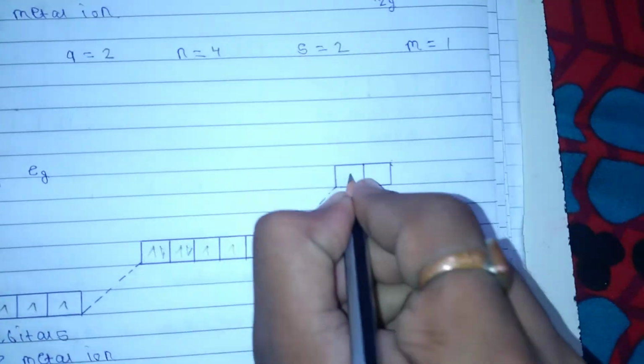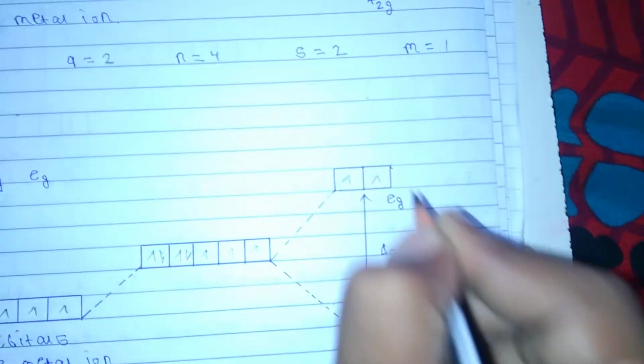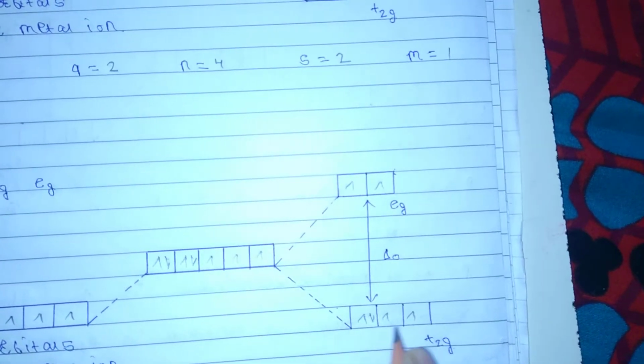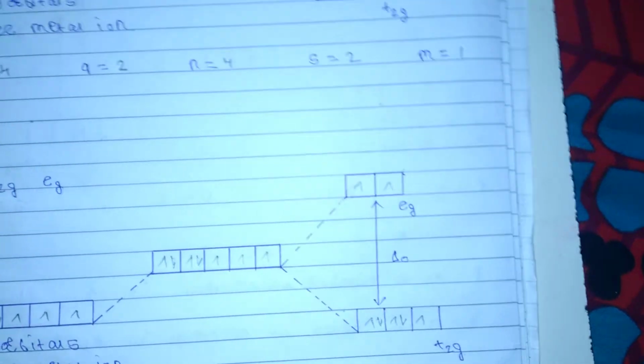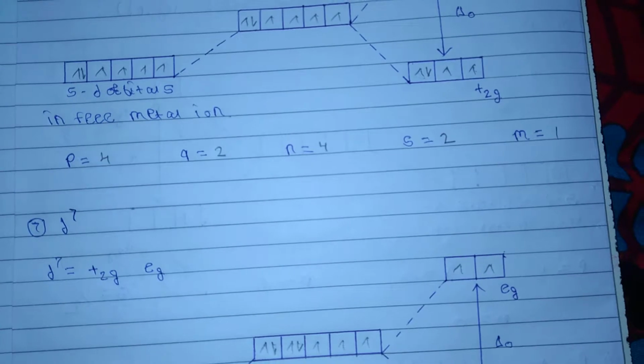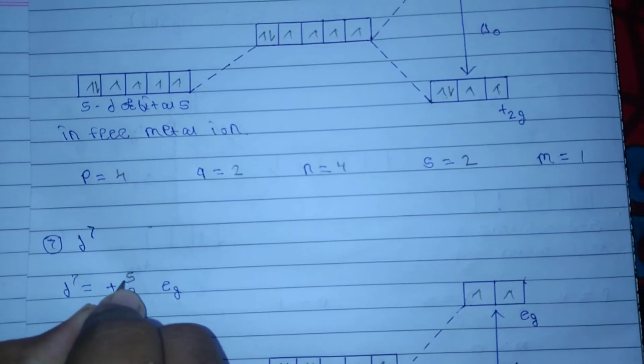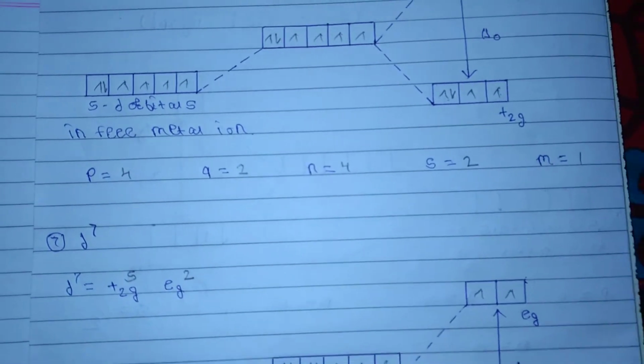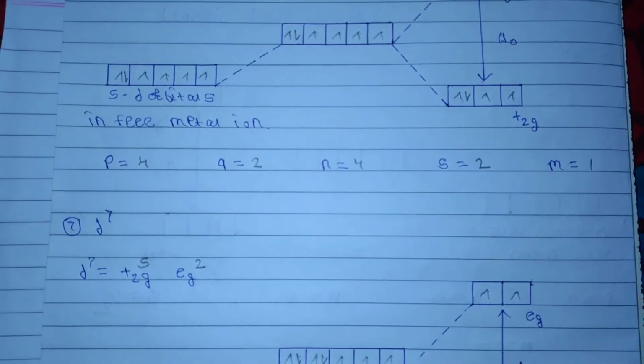Then the 4th and 5th go in the EG set, and the 6th and 7th go in the T2G set. So D7 is equal to T2G 5 and EG 2 in high spin complexes.